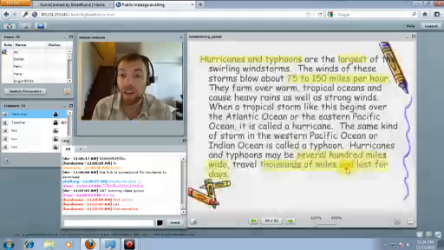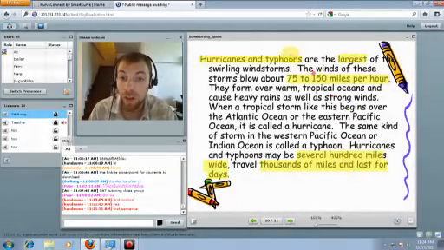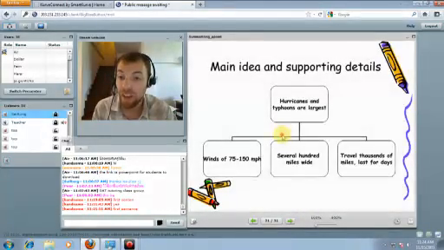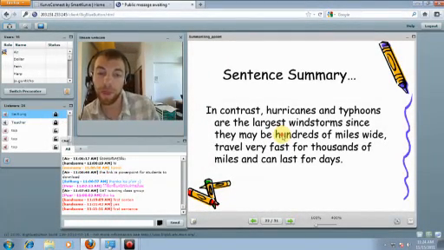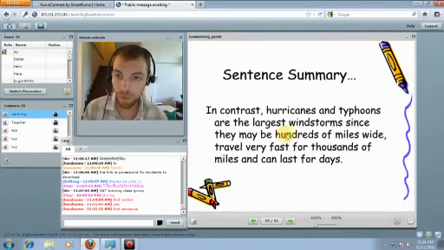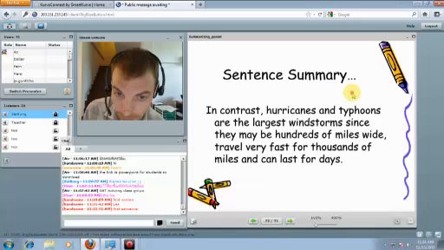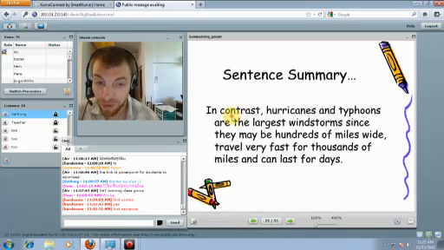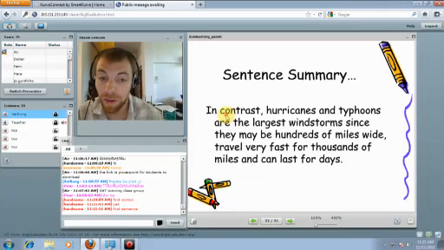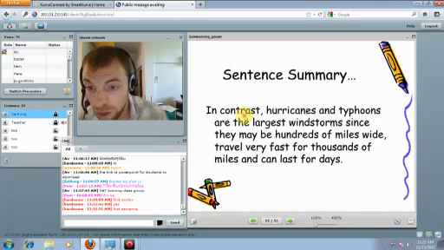And if we want to make this 4-sentence paragraph shorter, we can change it and summarize like this. Here is the sentence summary. In contrast, that means they are different.